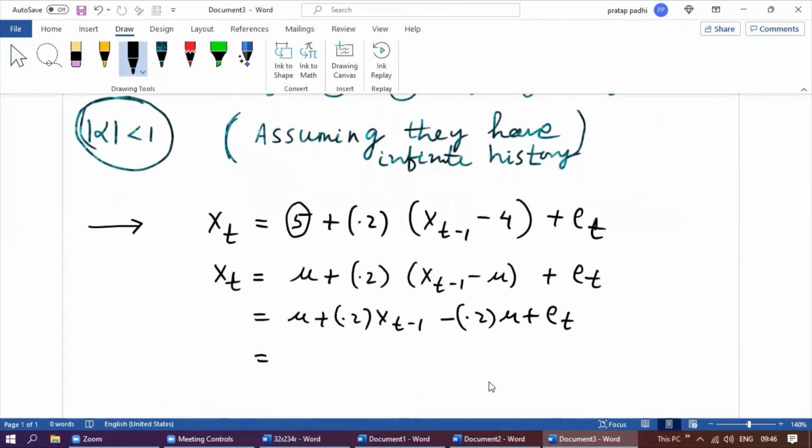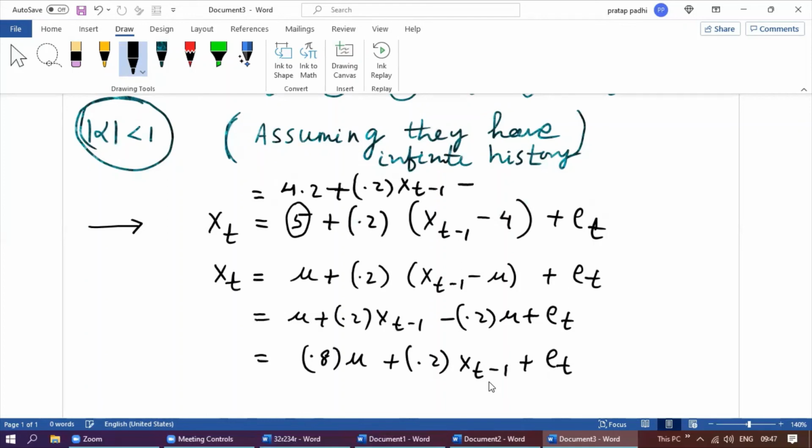So mu minus 0.2 mu, that is 0.8 mu, plus 0.2 xt minus 1 plus et. Now this is 0.2 xt minus 1, that is fine, and here 5 minus 0.8, that is 0.2 into 4, 0.8, so 4.2 plus 0.2 xt minus 1 plus et.